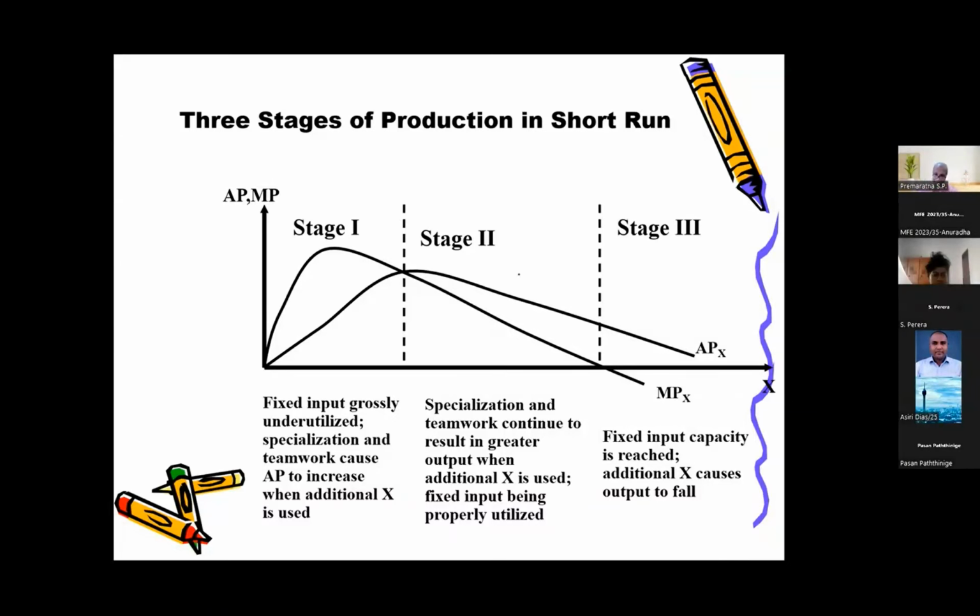Practically, in the last stage the marginal product is negative, which means if you put in additional input, the result you get is negative, so the total output decreases. In that way, no rational producer produces in that third stage, except you can see in the public sector in Sri Lanka that kind of situation, especially around 1950, 1960.